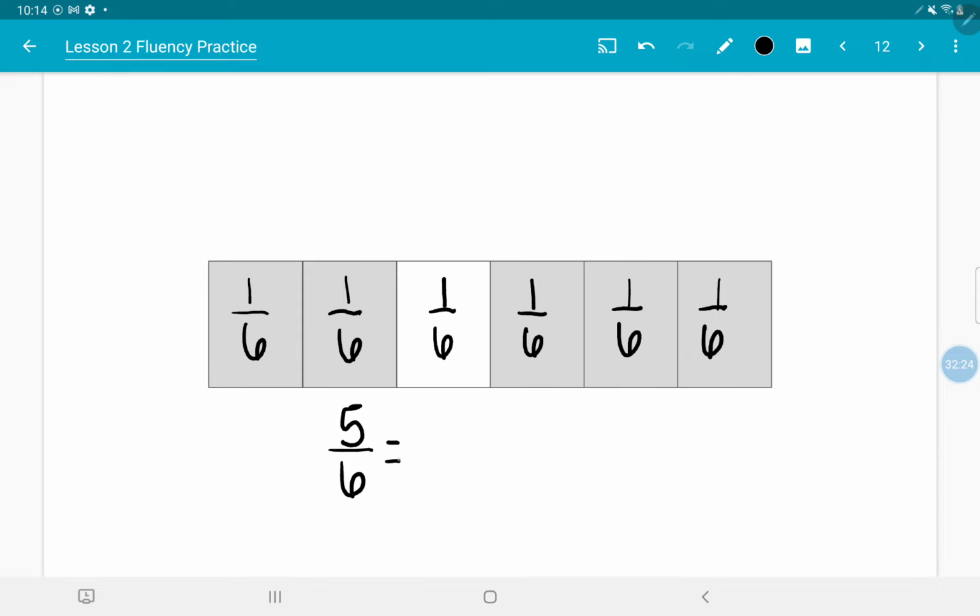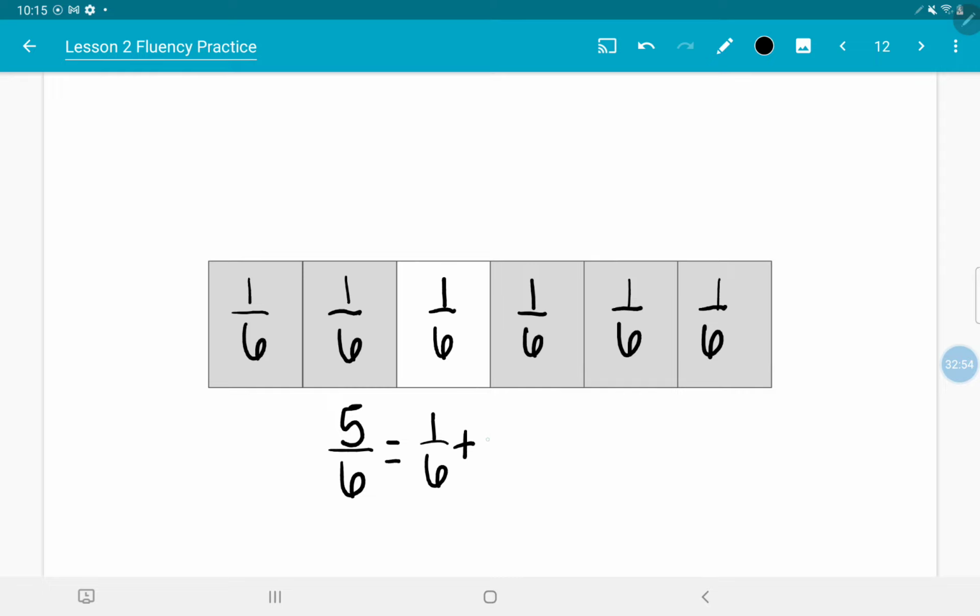How would I write that as a sum of unit fractions, Christopher? What's the unit fraction? Unit fraction is 1/6. Okay. So 1/6 plus what? Nope.